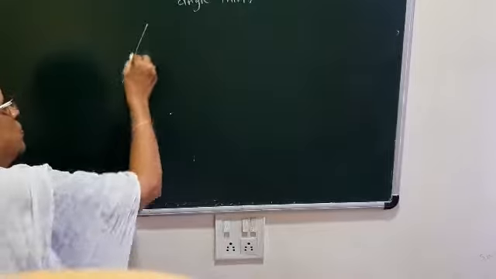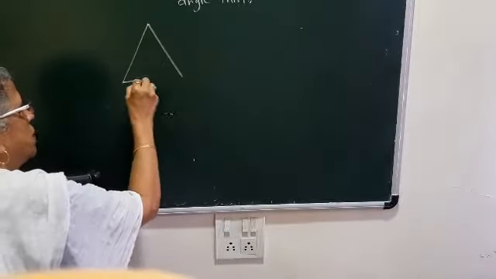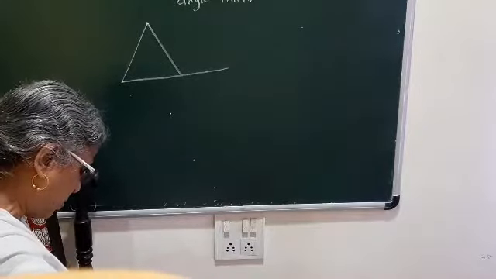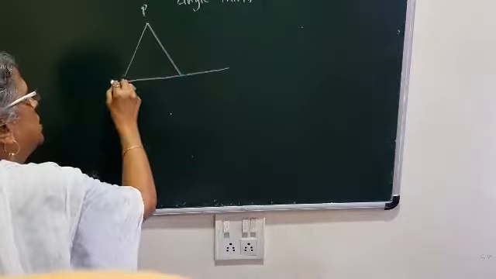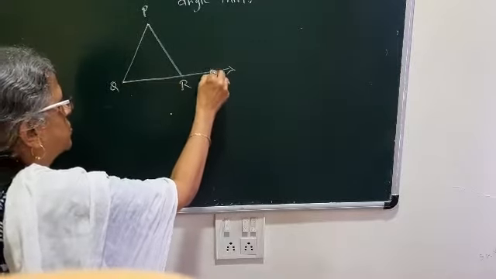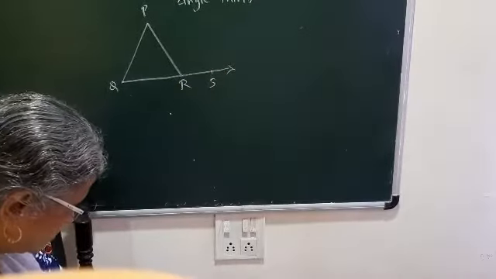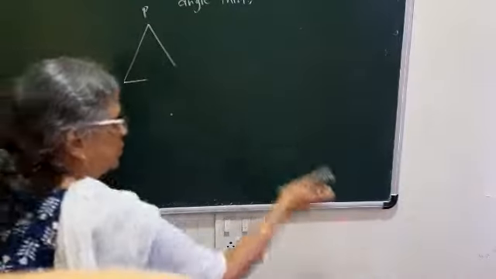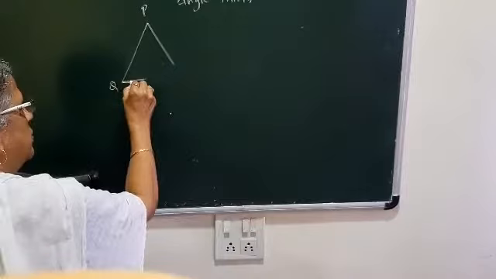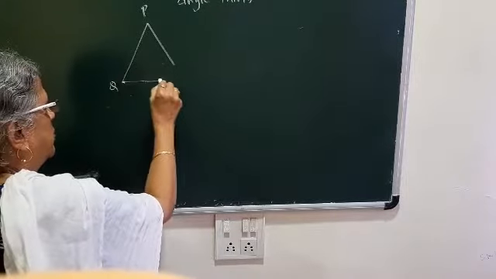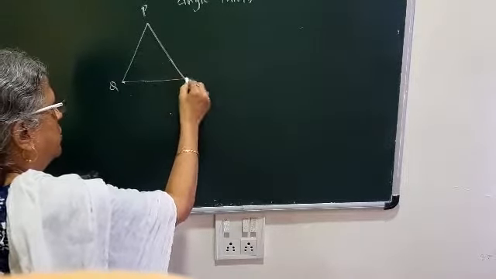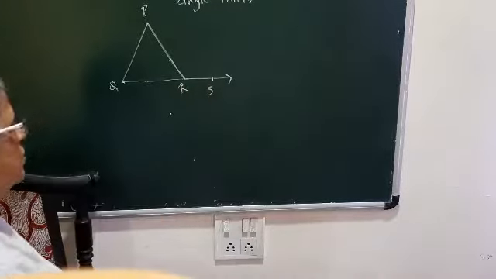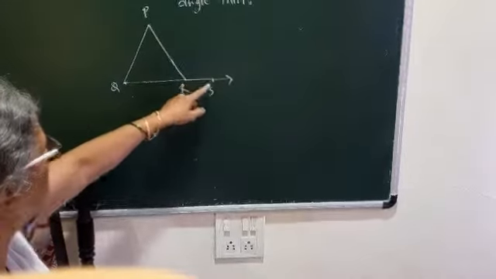So we are going to draw a triangle in which we are going to show one exterior angle. They have given the names P, Q, R, and suppose this is S. So they have shown one exterior angle PRS.